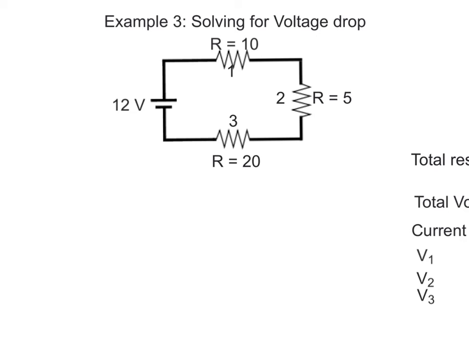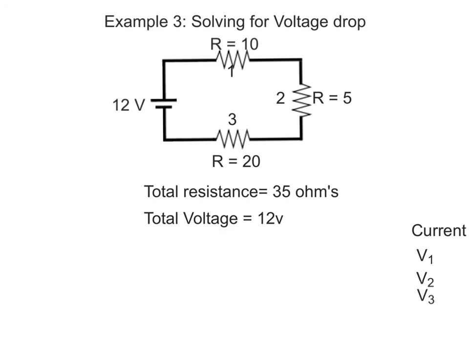Then what I'm going to do is I'm going to find my total resistance. This is from our first problem, was 35 ohms. My total voltage is 12 volts, and my current is equal to 0.34 A from example number 1. This is the same example from example number 1.